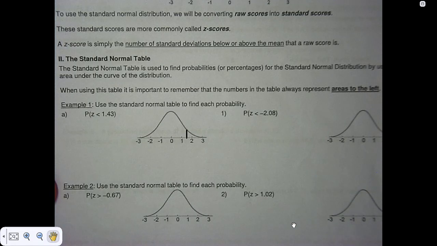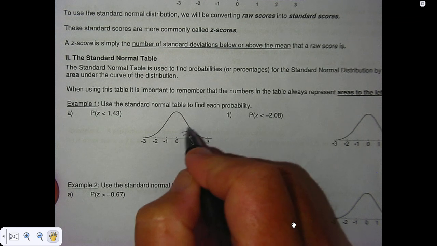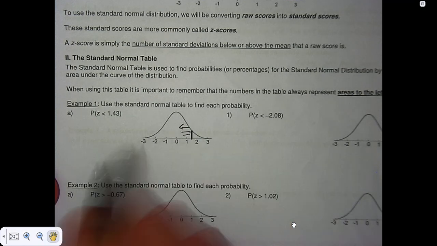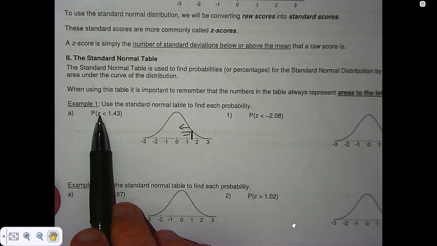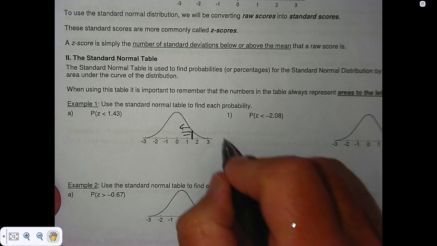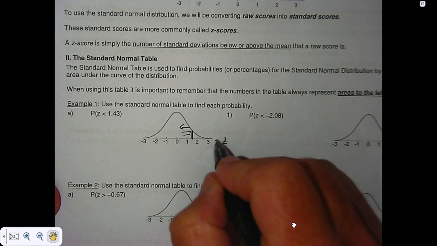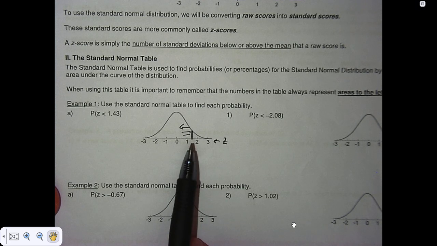I'm going to zoom in here real quick. We want to get the area less than that, because that's what this said. We want the probability of having a z-score less than 1.43. Well, these are the z-scores in the bottom. Okay, so I want a probability of z being less than 1.43.